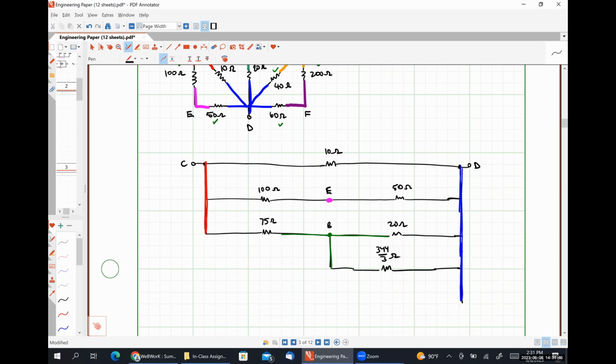So now I can see that the 20 and that 344 over 3 are in parallel. So in my calculator, that's going to be answer times 20 divided by answer plus 20, which I get to be 1,720 over 101.